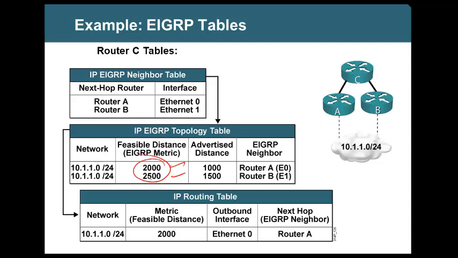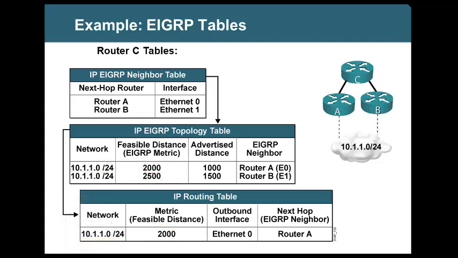We learned that EIGRP is a protocol that supports unequal cost load balancing. But where is the unequal cost load balancing here? We don't have it, because only the one path with the lower metric is seen in the routing table. What do you understand from here?